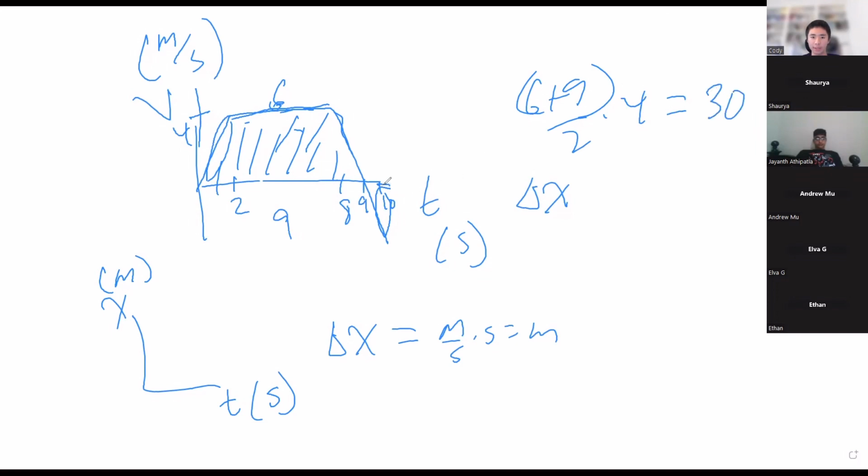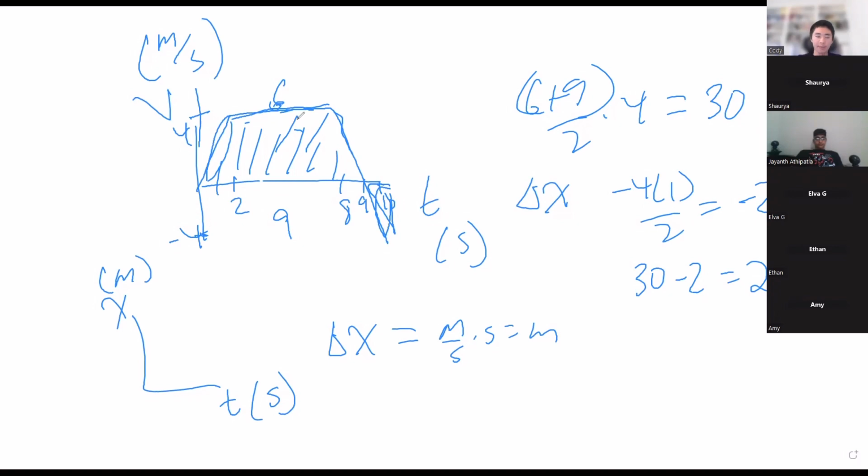And then the area of this small triangle right here. Oh, I never gave it a negative velocity. Okay. So the area of this small triangle would be negative 4 times 1 divided by 2, which is negative 2. So you just subtract the area of the small triangle from the trapezoid, and then the displacement would just be 28.